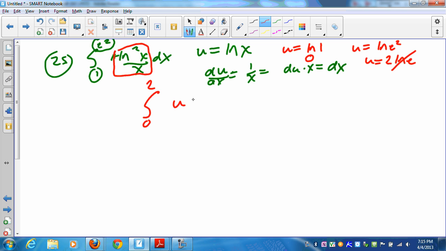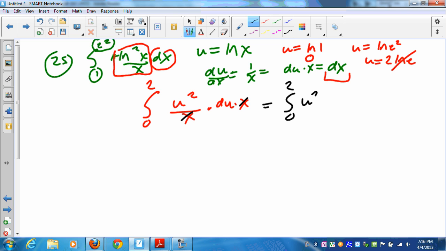U, and we got to square it over x, and dx is equal to du times x. So du times x, and the x cancels. So you have just simply integral from 0 to 2 of u squared du. Okay, I'll let you finish up from there, but now since these are in terms of u, we don't have to go back and resubstitute in.